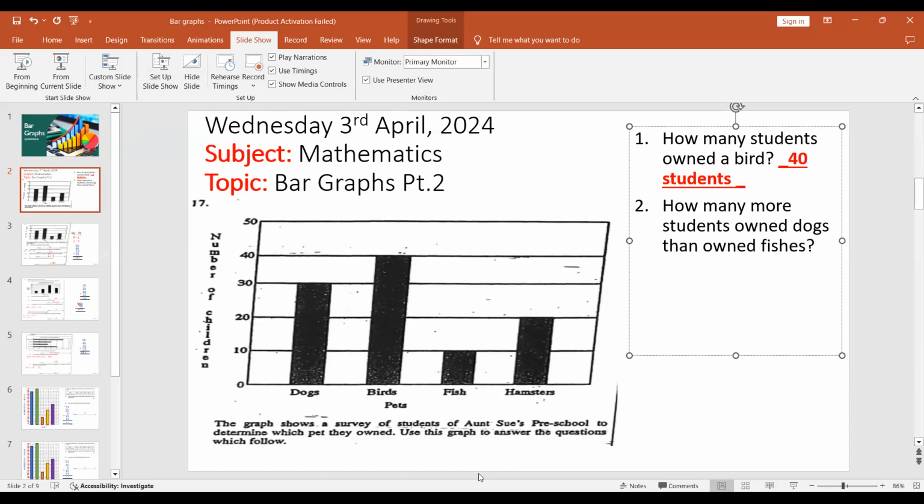So the first thing is that you need to find the number of dogs, and then find the number of fishes, and then subtract them, right?